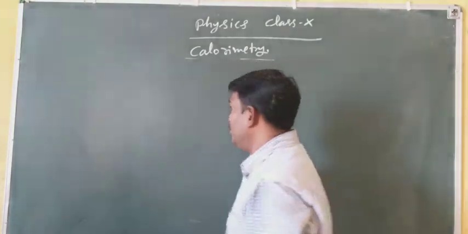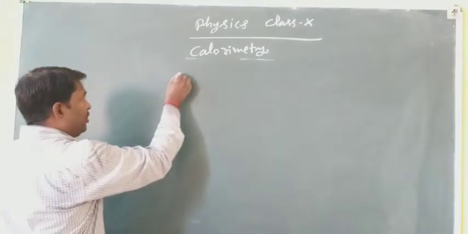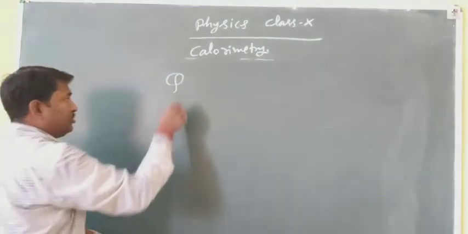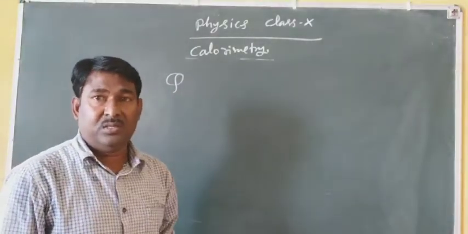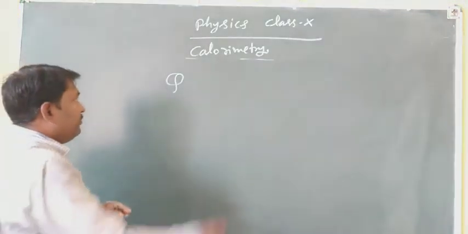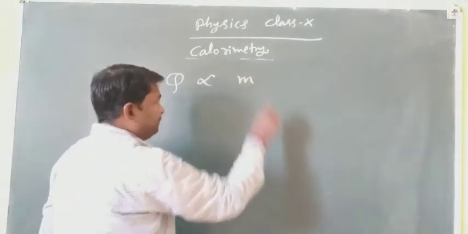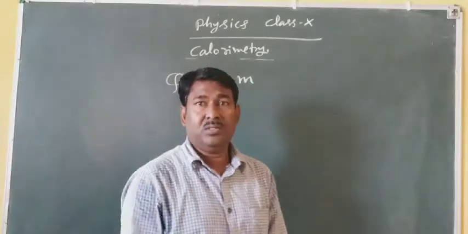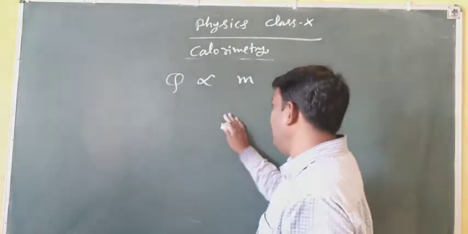Okay, so let Q be the amount of heat absorbed or the amount of heat required. The first factor is the mass of the body, or mass of the substance. How? Let's take an example.